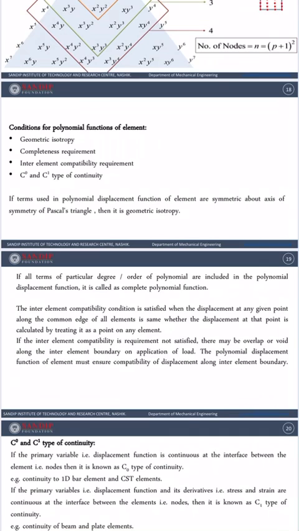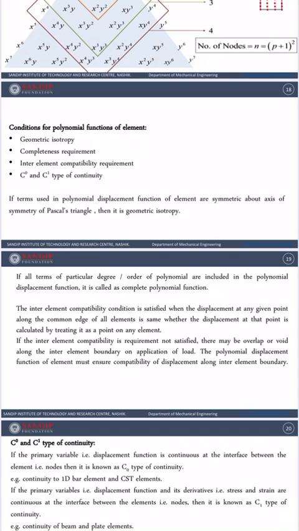For truss problems there are only displacements in x and y direction, but for beams, plates or shell problems there may be slopes occurring in the elements. So the displacement model should satisfy the displacement as well as slope requirement. Such problems are classified as C1 continuity, and if only displacement is the requirement, then such problems are classified as C0 continuity.